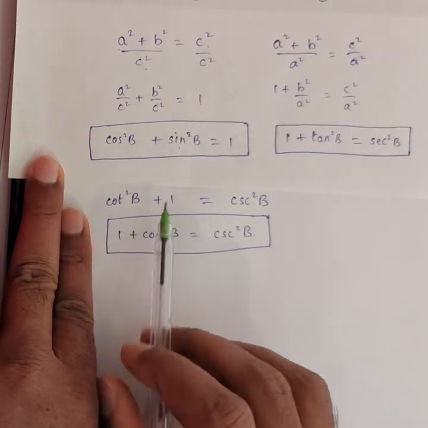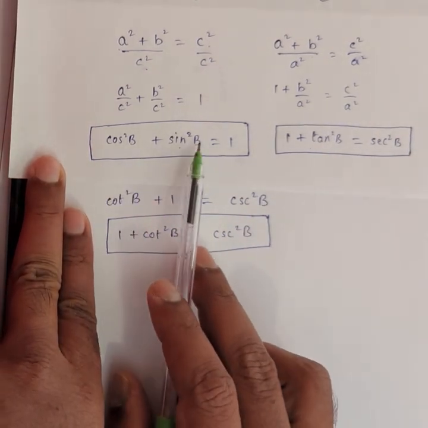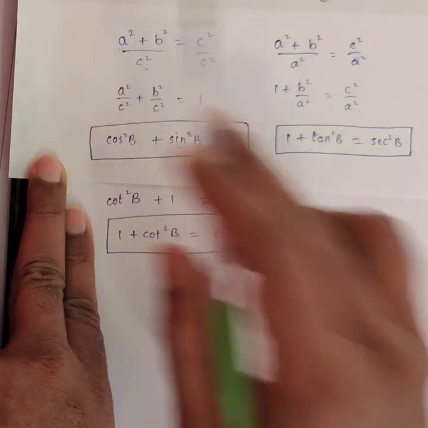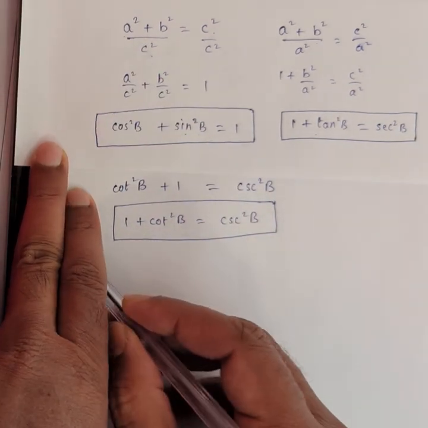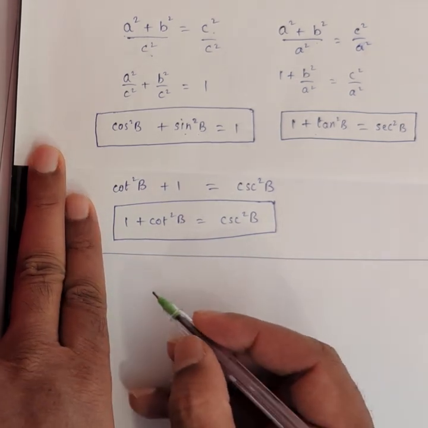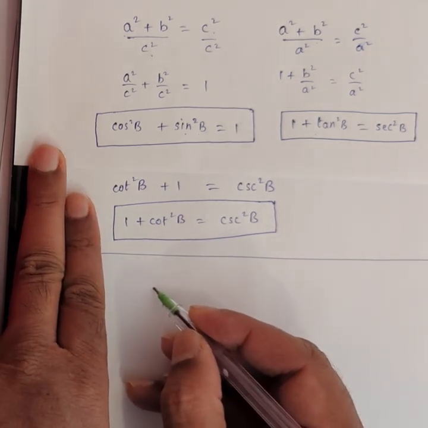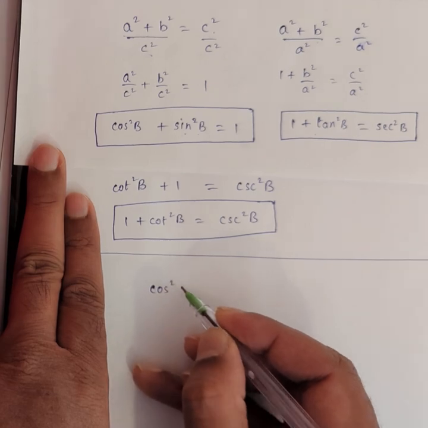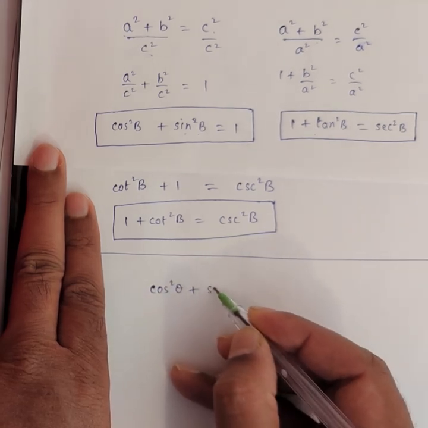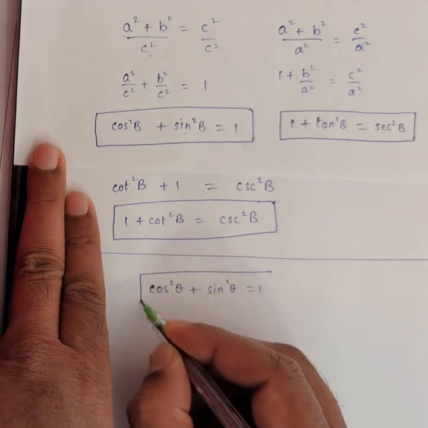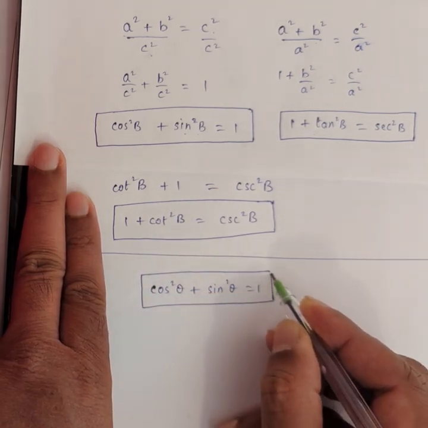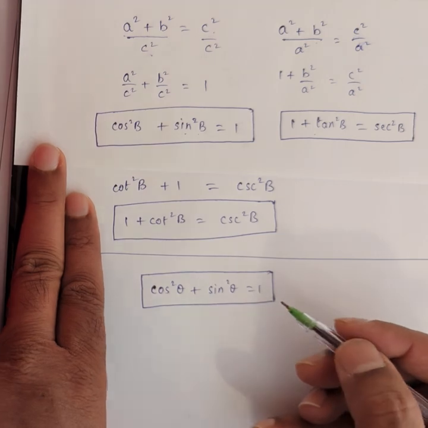What are they? Cos square b plus sine square b. And b happens to be an acute angle. So let me actually write it using theta, and let's put all of them in one place. So cos square theta plus sine square theta is equal to 1. This was our first identity coming from the Pythagorean theorem.